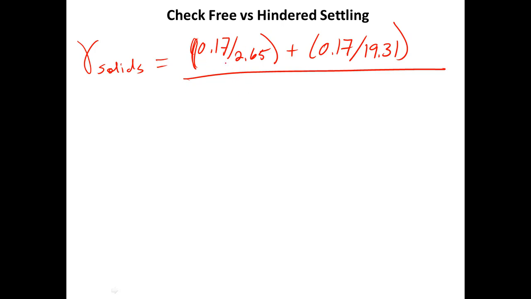And since both particle types are at 17 weight percent, the weight fraction is 0.17, and we divide by the respective densities. And those numbers translate down at the bottom as well. Same fractions.